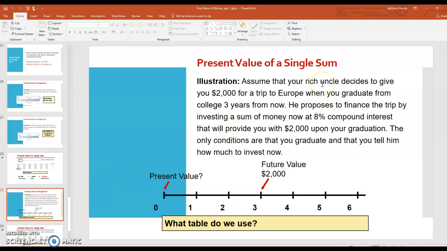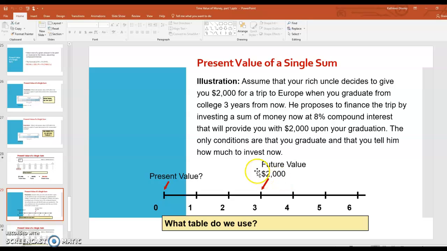Okay, another example. Assume your rich uncle decides to give you $2,000 for a trip to Europe when you graduate from college 3 years from now. He proposes to finance the trip by investing a sum of money now at 8% interest that will provide you $2,000 upon your graduation. The only conditions are that you have to graduate and that you tell him how much to invest now.